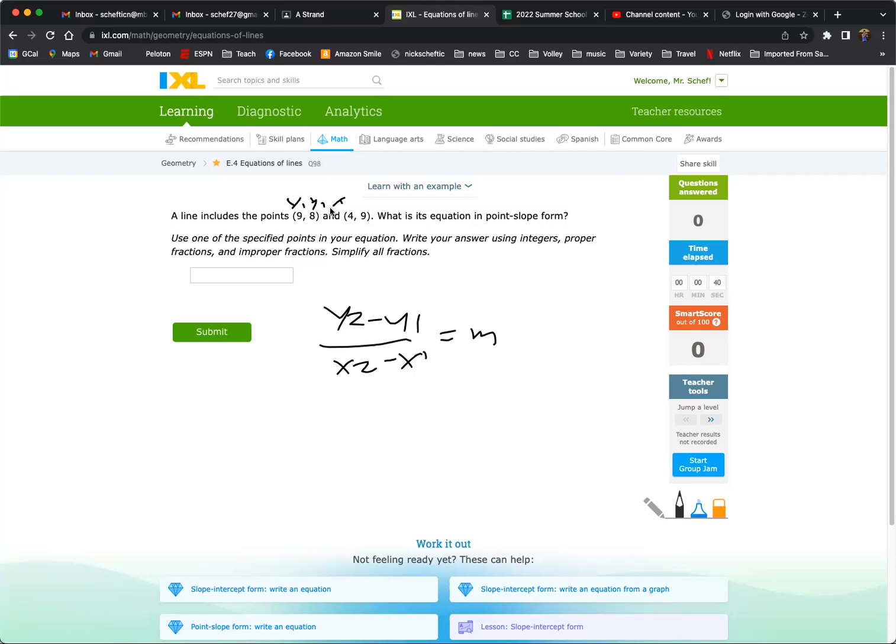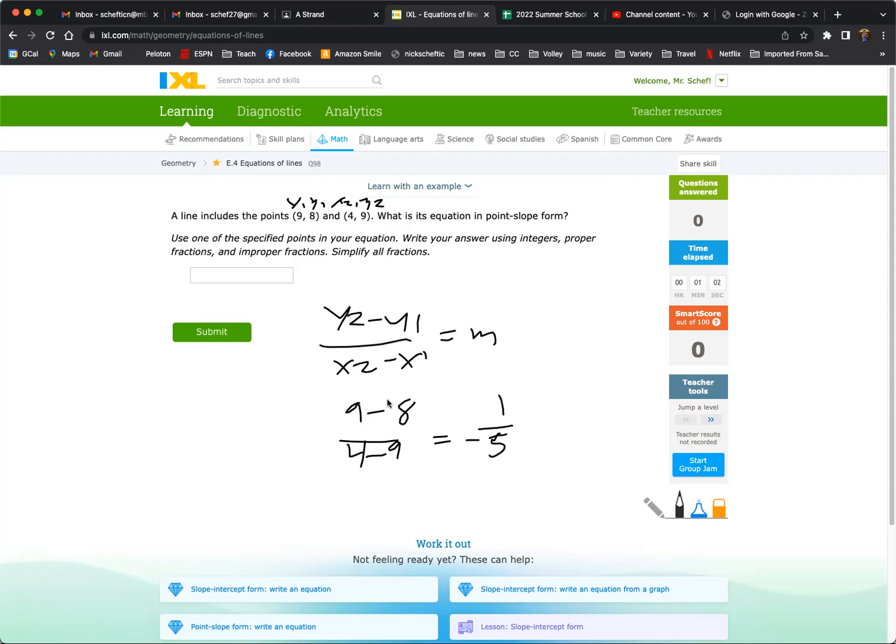Then we have x2, y2. Okay, so we have 9 minus 8 over 4 minus 9. So our slope is going to be 1 over -5, so -1/5.